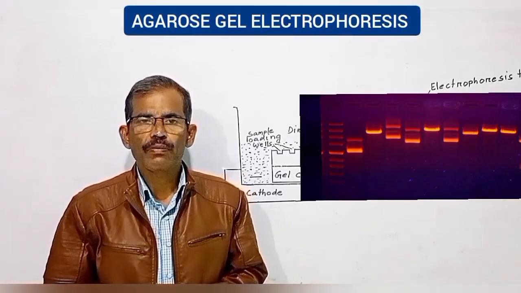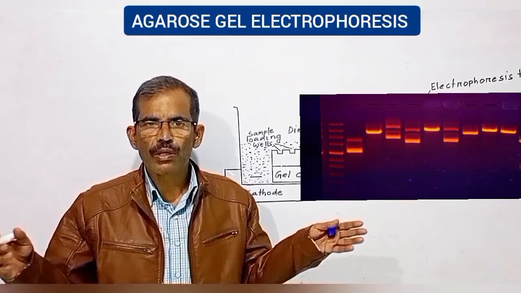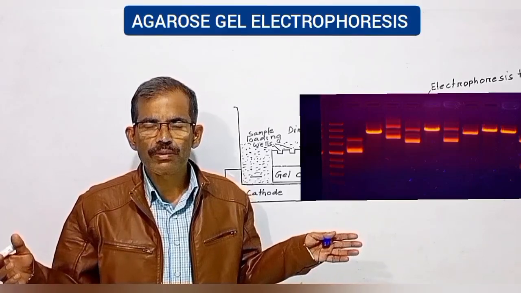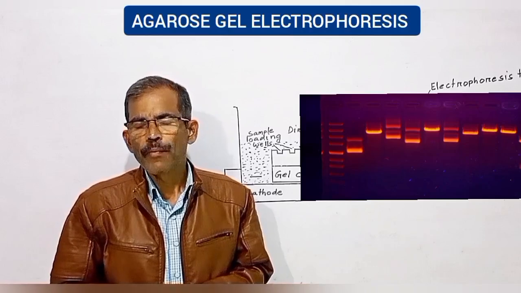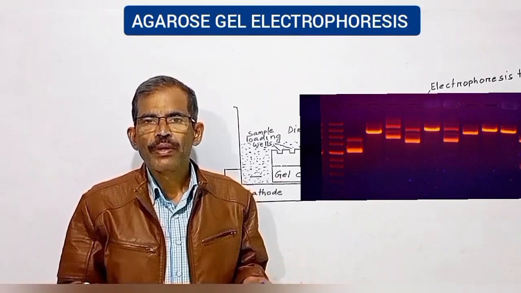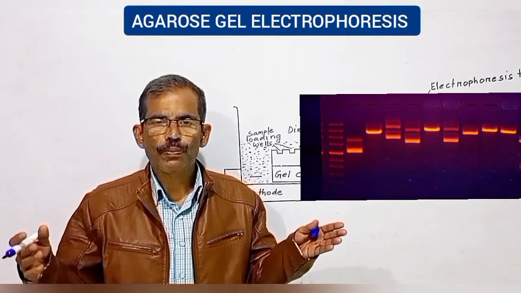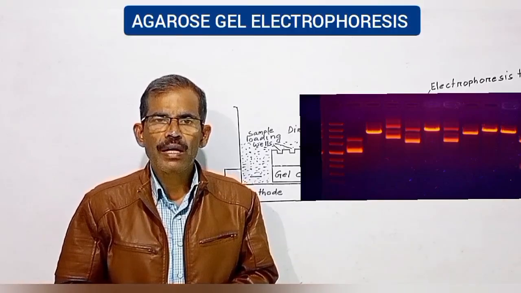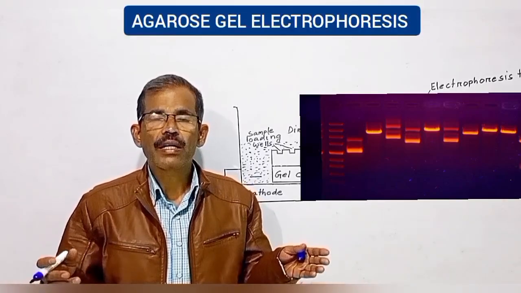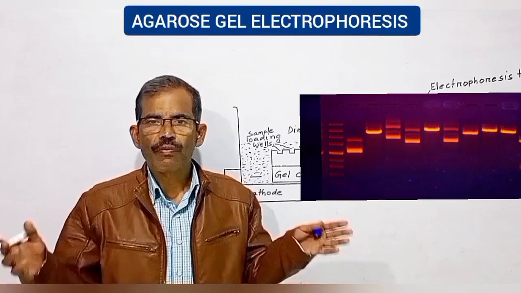Agarose gel electrophoresis is routinely used for the qualitative as well as quantitative characterization of nucleic acids. It is also used for preparative purposes as DNA bands can be excised and purified for further studies.